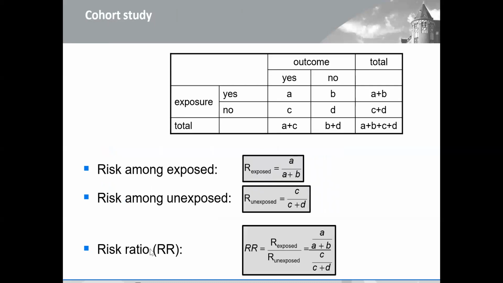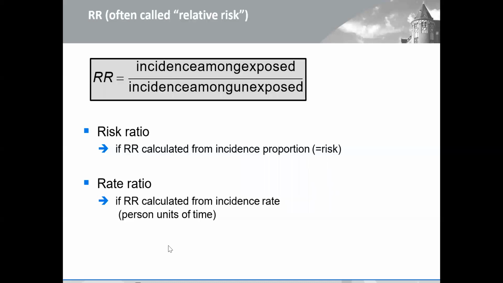the risk ratio, often called the relative risk, and this is the formula where we are calculating the incidence among those who are exposed and the incidence among those who are not exposed.